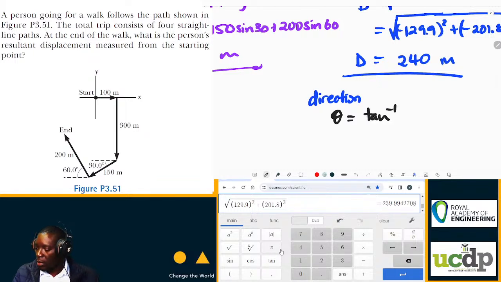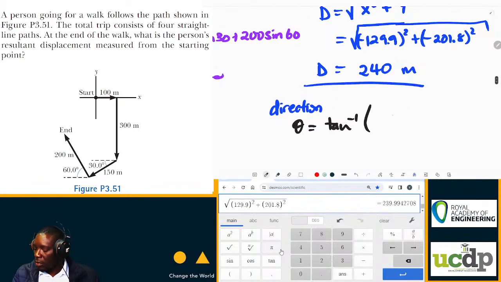Arctan 201.8 over 129.9 with their negatives.